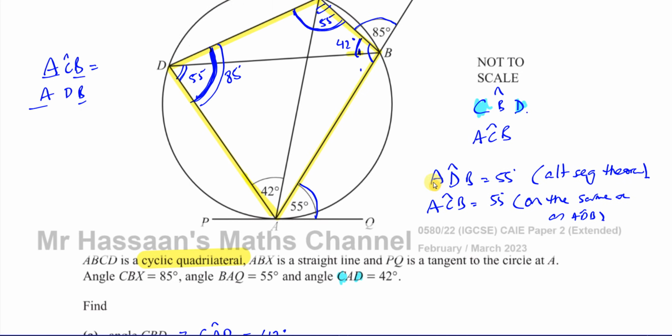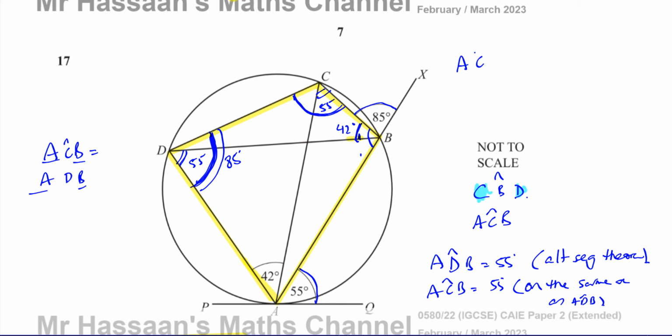We can say that BCD is opposite this angle here. So we can say BCD plus DAB must add up to 180 because they're opposite angles in a cyclic quadrilateral. They add up to 180 degrees.